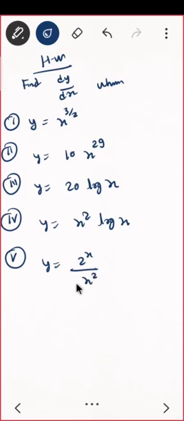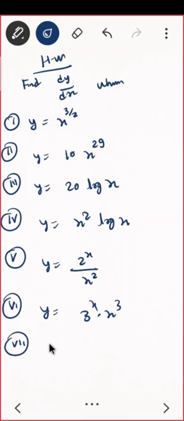Alright. Yeah, this is most favorite question. And next, 3 raised to x into x cube, and one more, that is y equal to multiply by say 2 raised to x. Okay. So this is the homework.